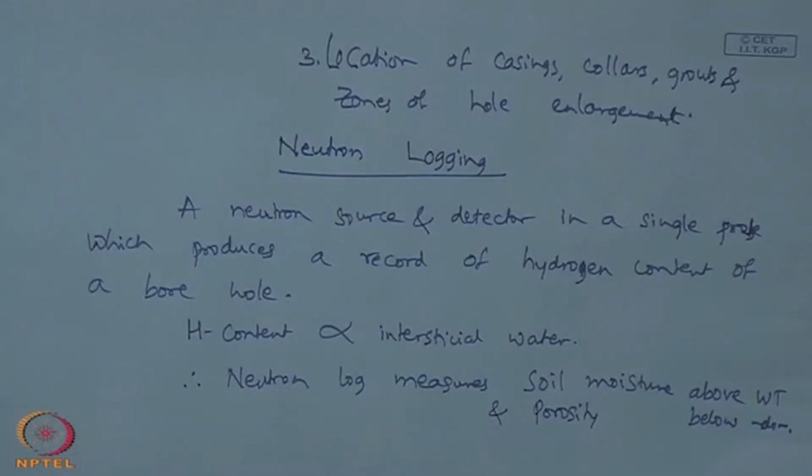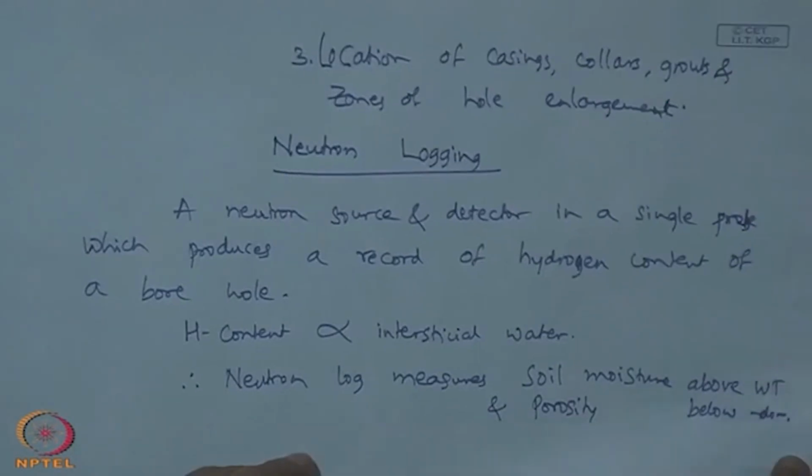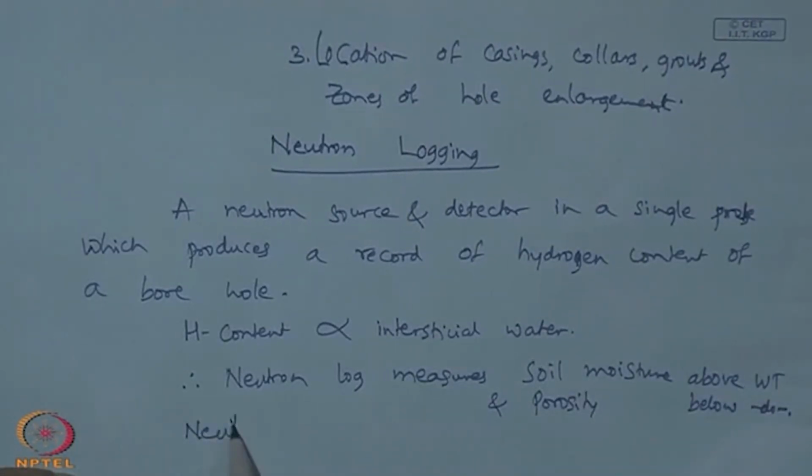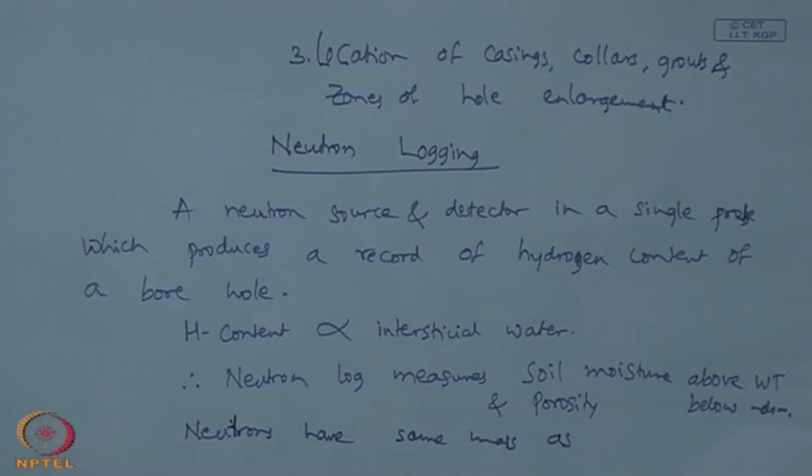Here, the mechanism is that neutrons have the same mass as hydrogen, and no electrical charge. They are neutral.